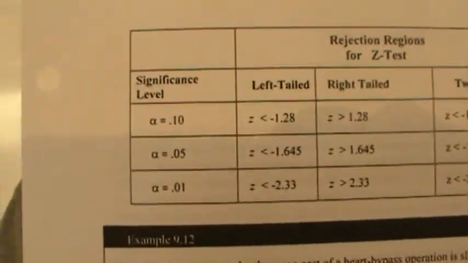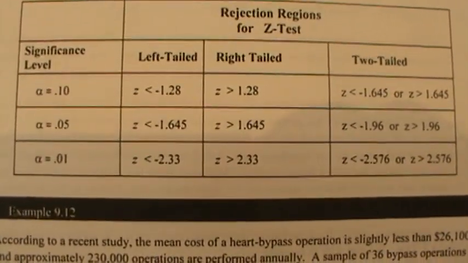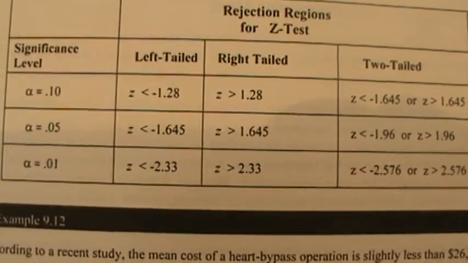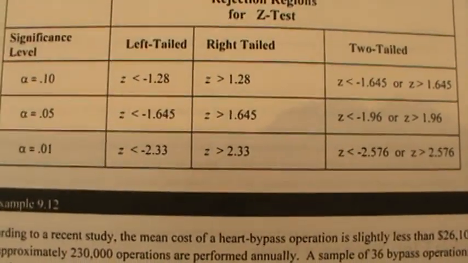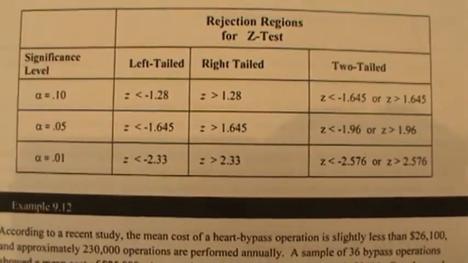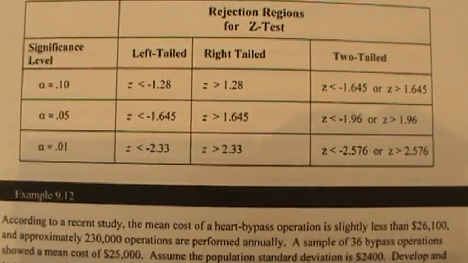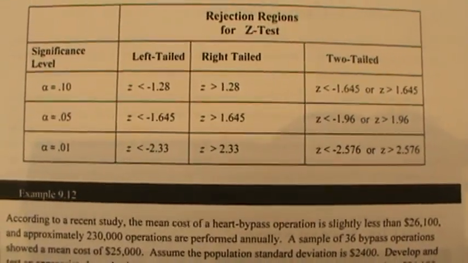These are going to be the common z-scores that you're going to find for hypothesis testing. So these are in the textbook, but instead of writing them down, I just wanted to show them to you. So these are the most common critical values that you'll run into. Notice the alpha levels, 0.1, 0.05, 0.01, okay?